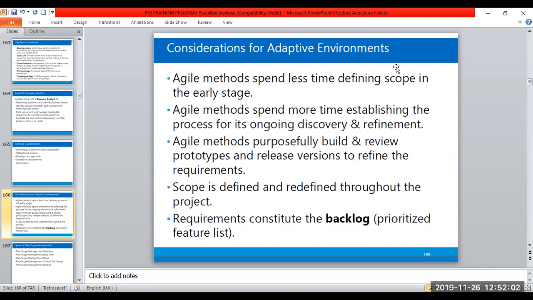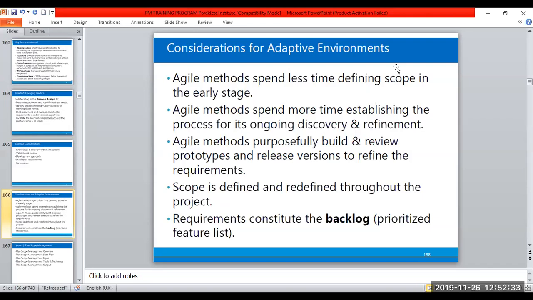This chapter could entail that scope management principles that apply from the traditional perspective, they also would apply in agile environments or adaptive environments. Now, agile methods spend less time defining scope in the early stage. Very important. Agile methods spend more time establishing the process for its ongoing discovery and refinement.